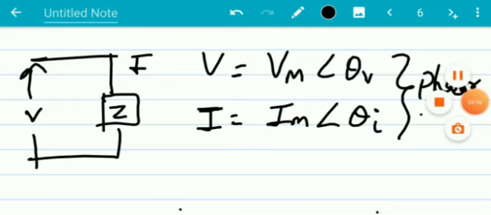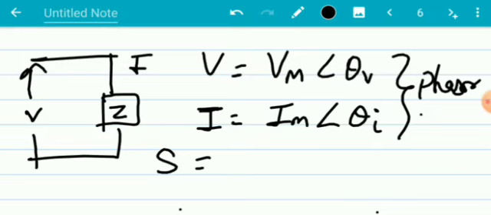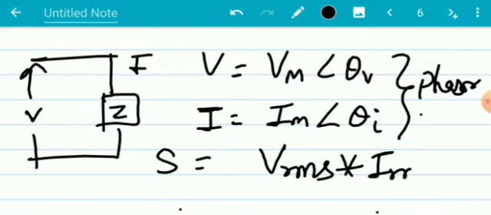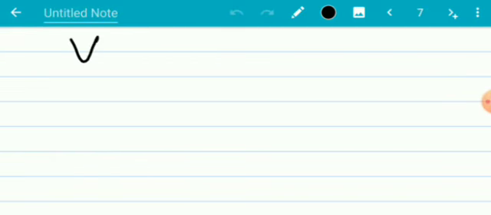Now if we write the complex power from the definition, it will be Vrms multiplied by Irms conjugate. Now let us write one by one what Vrms is from the above equation.